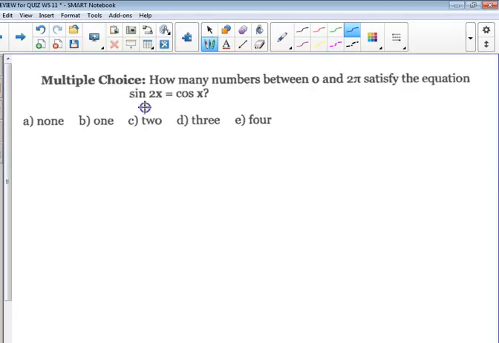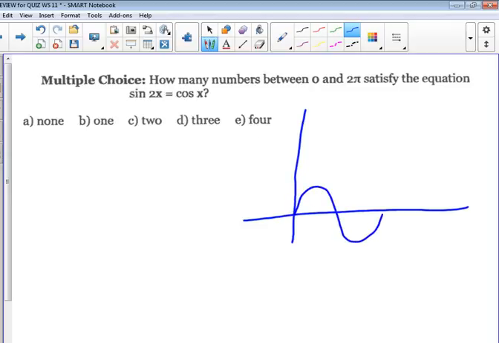Calculus. This one says how many numbers between 0 and 2 pi satisfy this? Why don't you guys graph it on your calculator? I'm going to actually graph it by hand because I should be able to do this. The sine of 2x should just finish 2 periods.